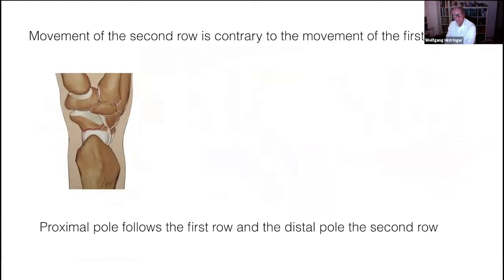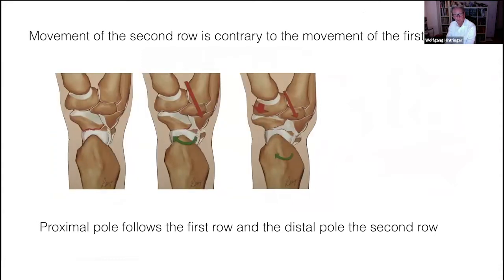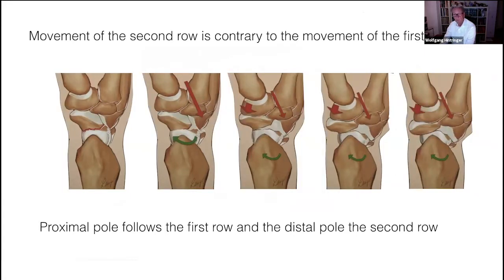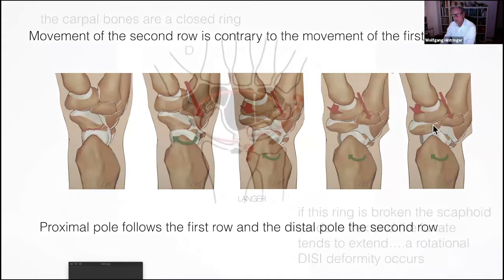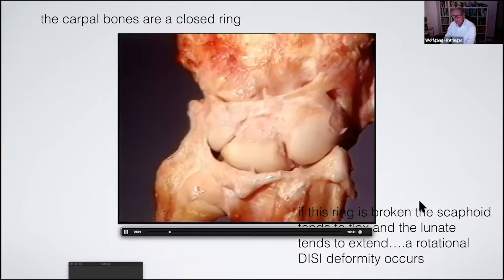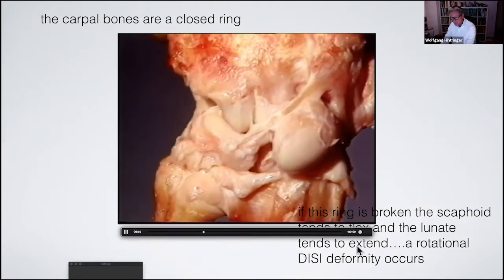The movement of the second row is contrary to the movement of the first row, and the proximal pole follows the first row, and the distal pole follows the distal row. And what does it mean? The carpal bones are a closed ring, and if this ring is broken, the scaphoid tends to flex and the lunate tends to extend.